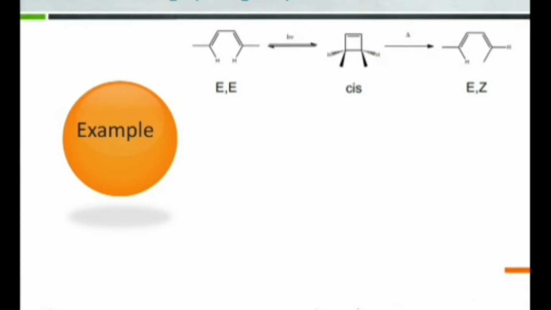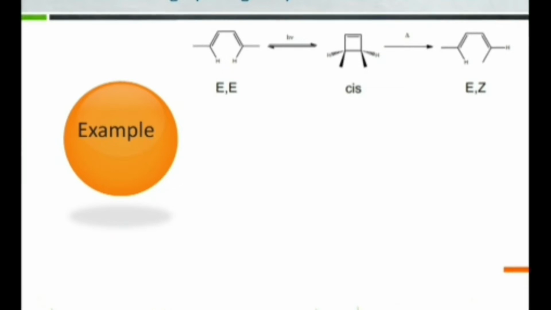Concerted ring opening means the making of the bond and the breaking of the bond all happen simultaneously. That's how it is told, concerted reaction.